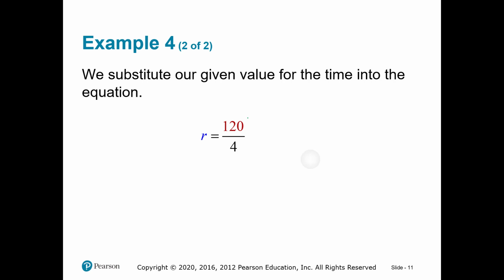This is the same distance. They said the same distance. This distance was constant. This didn't change. Do the math, and we get that it takes 30 miles per hour to drive that same distance in 4 hours. Cool? Okay, let's look at another one.